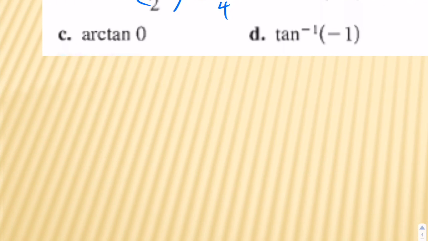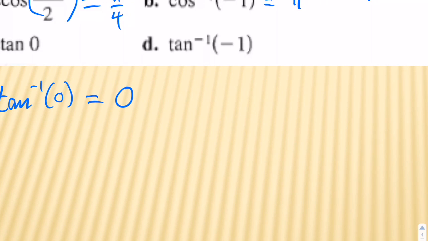Arctangent, remember arctangent is inverse tangent, so we could write that as tangent to the negative 1 of 0. We're asking ourselves, really, when is tangent equal to 0? Well, we know that tangent is equal to 0 when sine is equal to 0. And sine is equal to 0 at 0. So the inverse tangent of 0 is equal to 0.